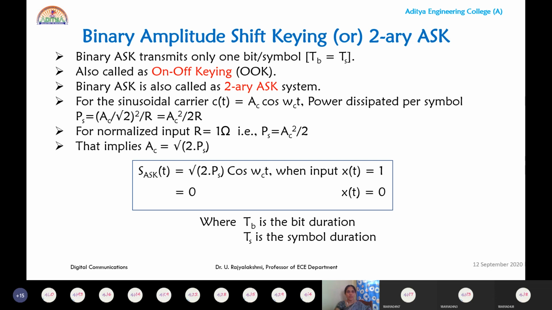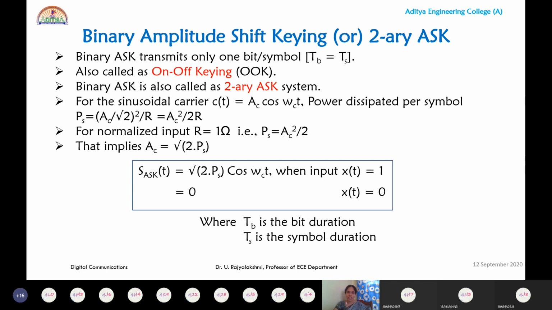So what are the other names for the ASK system? You can also call it binary ASK, because you are transmitting only one bit per symbol, so bit duration equals symbol duration. It is also called on-off key. Why?